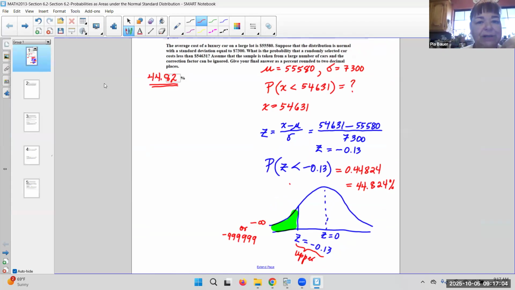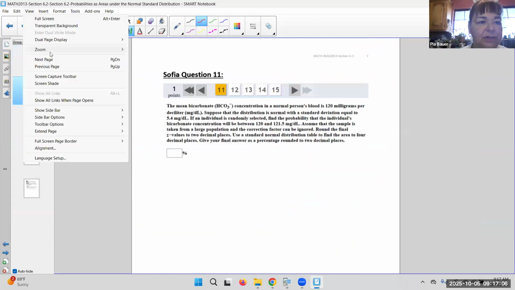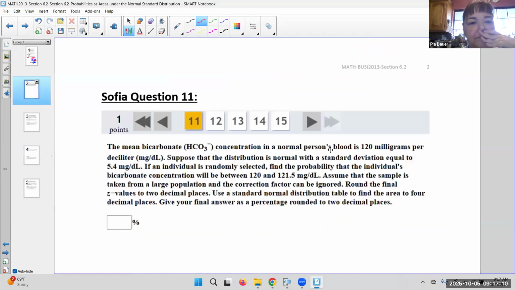Okay, let's look at another example, and let me make it larger now so we can read the problem. It says the mean bicarbonate concentration in a normal person's blood is 120 milligrams per deciliter.